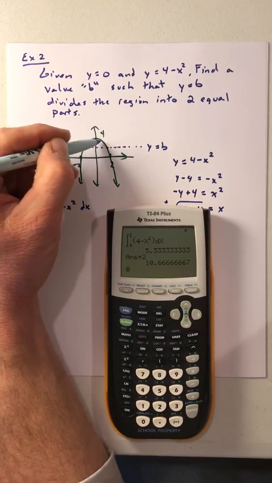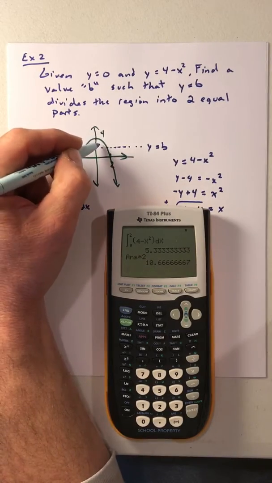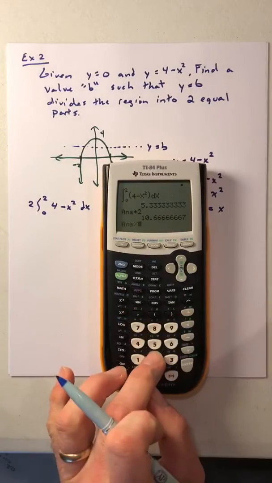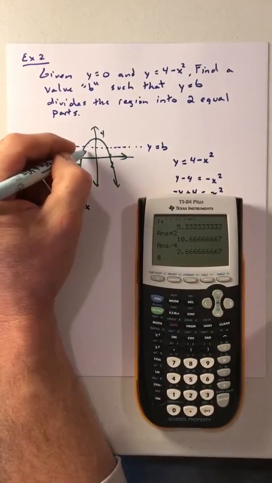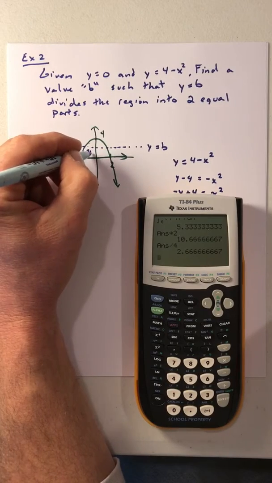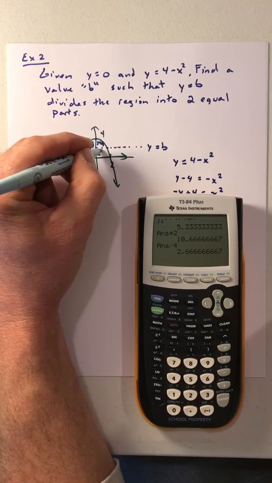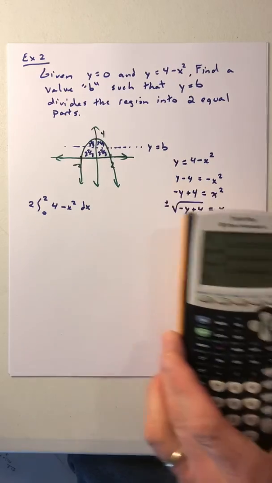But I know that each of these is equal to itself. So I'm really only interested in 1/4 of it. So I'm going to divide that by 4. So I know each of these regions is going to be 2 2/3. And it's kind of hard to see that, but each one is equal to 2 2/3. How does that help me?